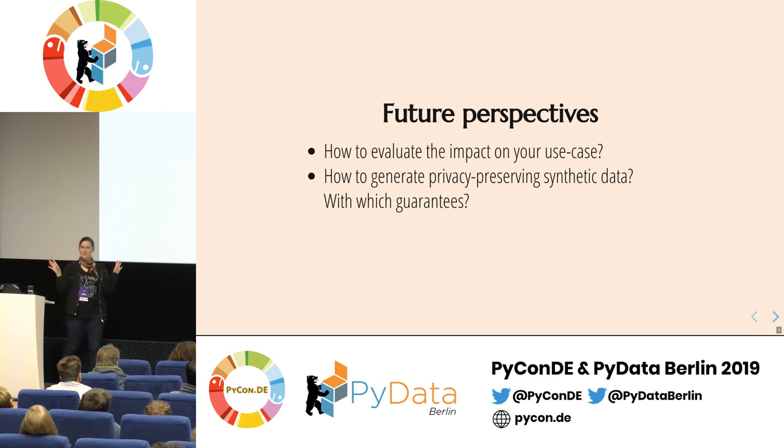There is this whole broad area of research of generating privacy-preserving synthetic data. But then what are the guarantees? If you guarantee that the original dataset is never in the synthetic data, it's not really privacy-preserving, because if you generate a lot of synthetic data, you see in the gaps where the true data was.